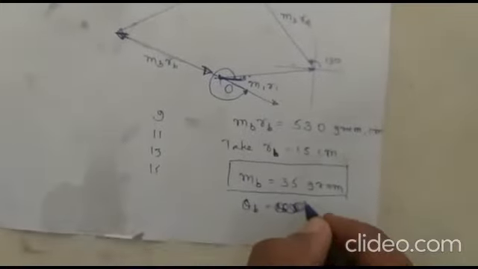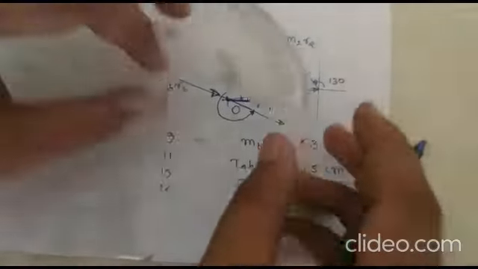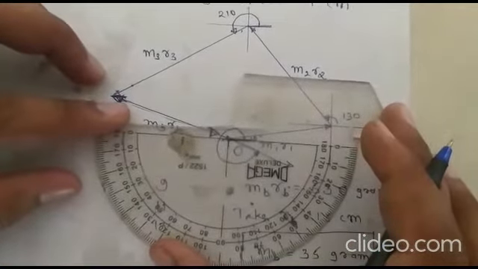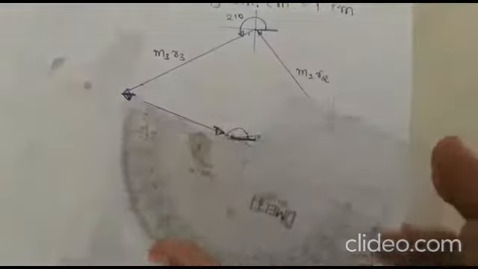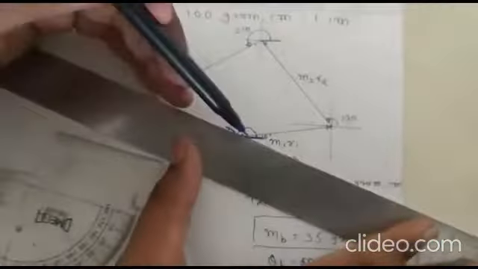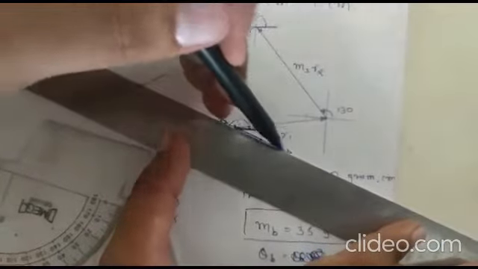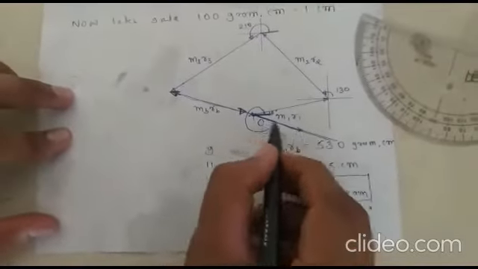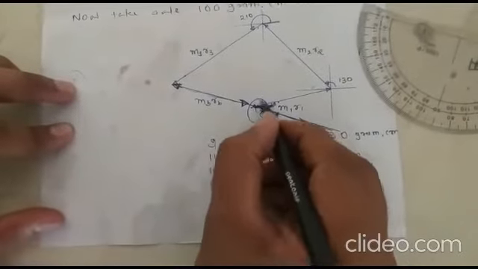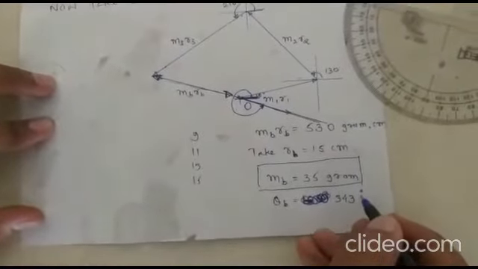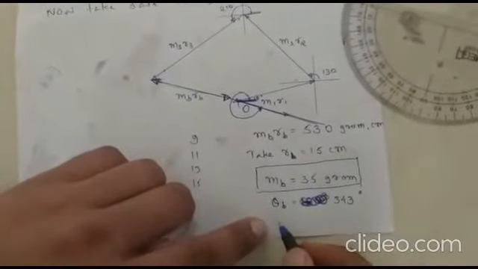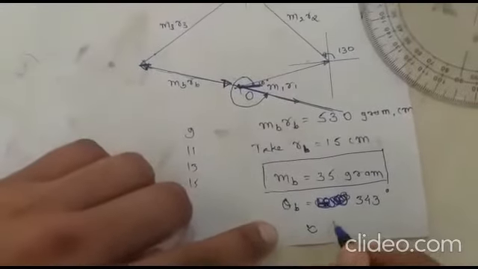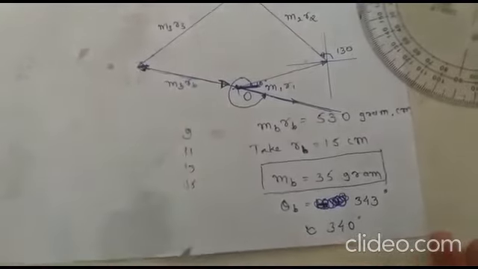So our balancing vector is in this direction, so I am extending, and with respect to positive x, the angle is coming 343 degree. But again we have a limitation: we have angular holes with an angular increment of 10 degree, so we can take this as 340 degree.